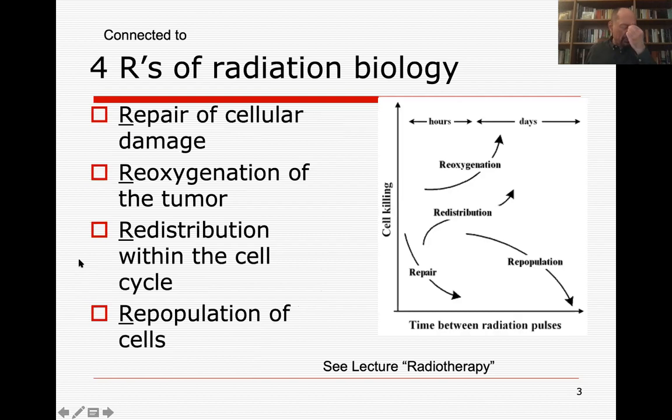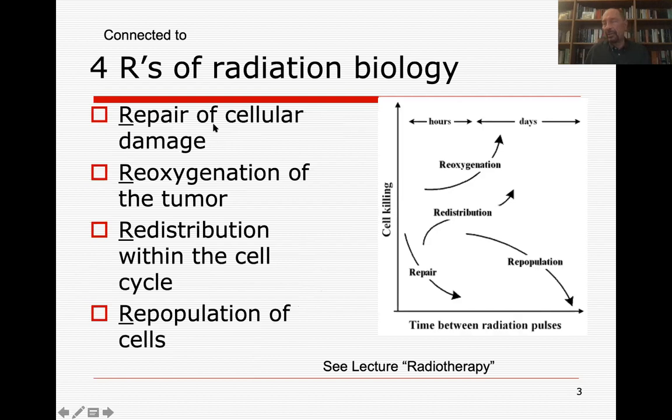So first, we have to start with the definition of the 4R of radiation biology that are extremely important in radiotherapy. The 4R justify the use of fractionation in radiotherapy based on the following factors.